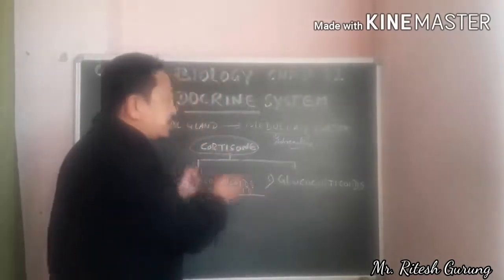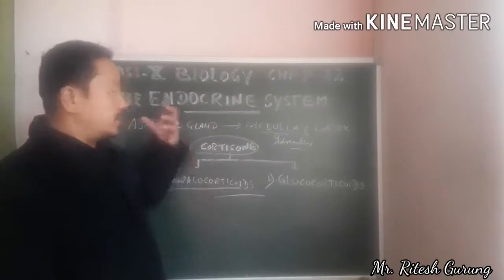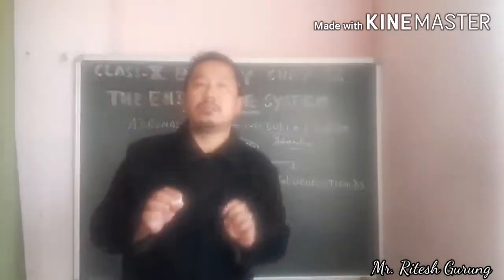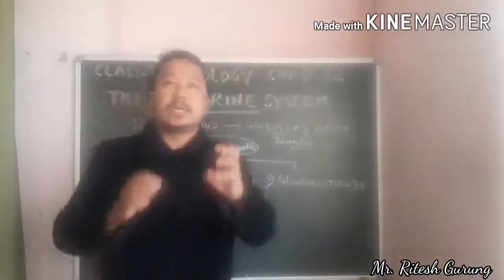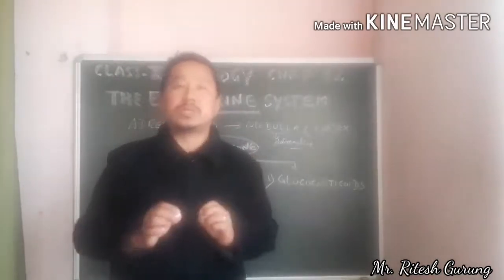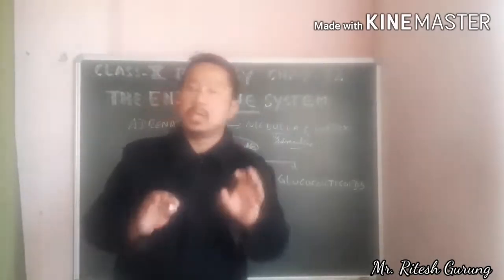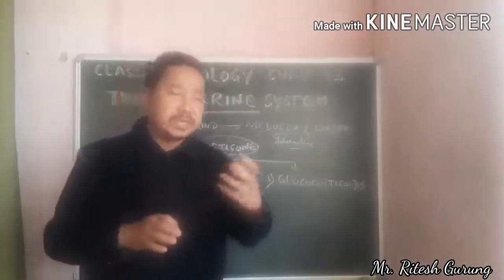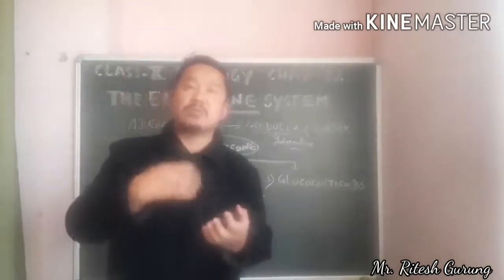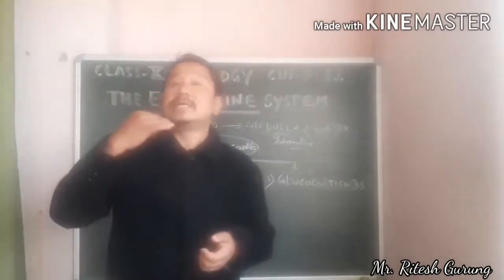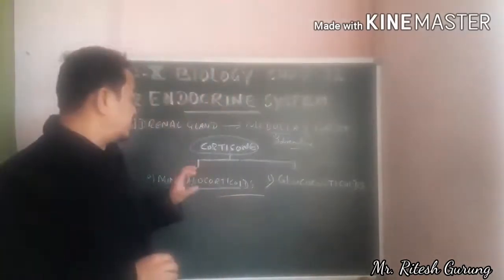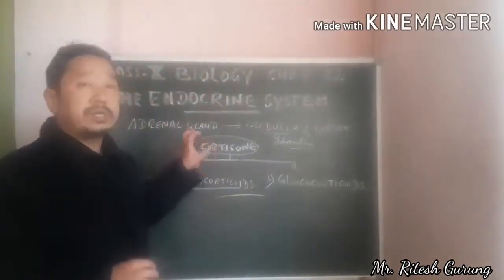In general, these cortical hormones increase blood glucose concentration. That means in the blood, the concentration of glucose is increased under the influence of these cortical hormones.